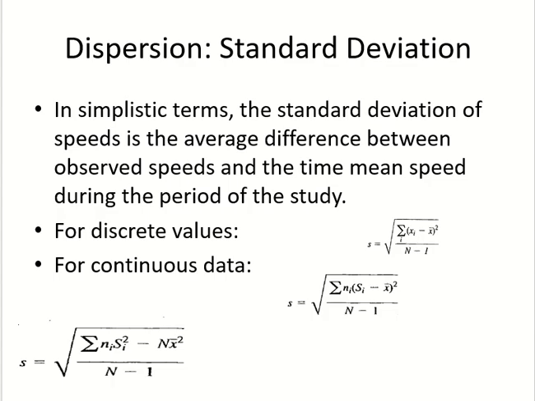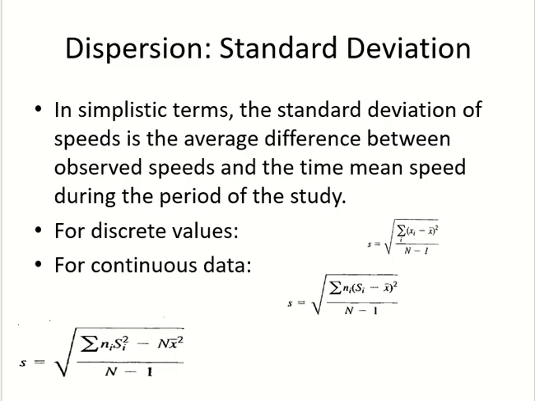Yes. What was X bar? The mean. X bar is the mean, and this is the value from which we are taking the difference. And capital N is the total number of values in your entire data set, the summation of all the groups. Clear? Small n is for each group, capital N is for all the groups.